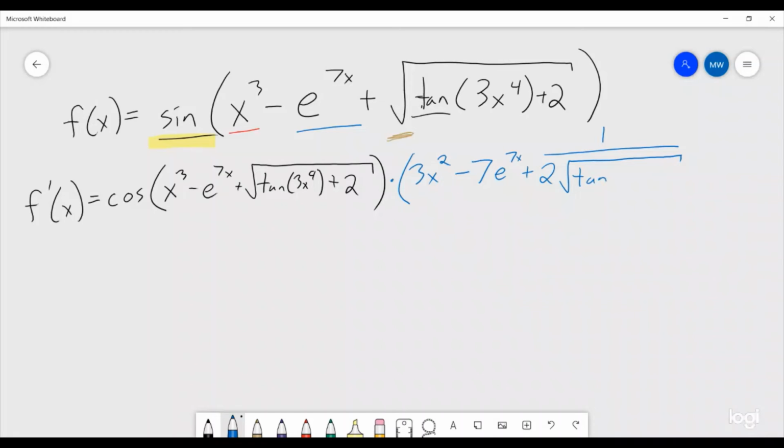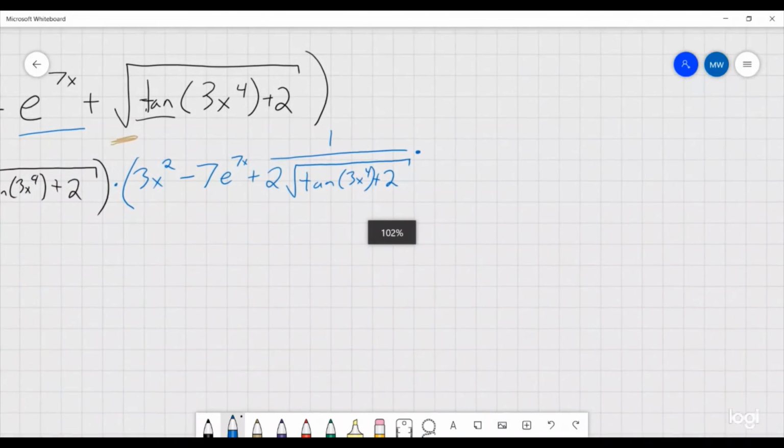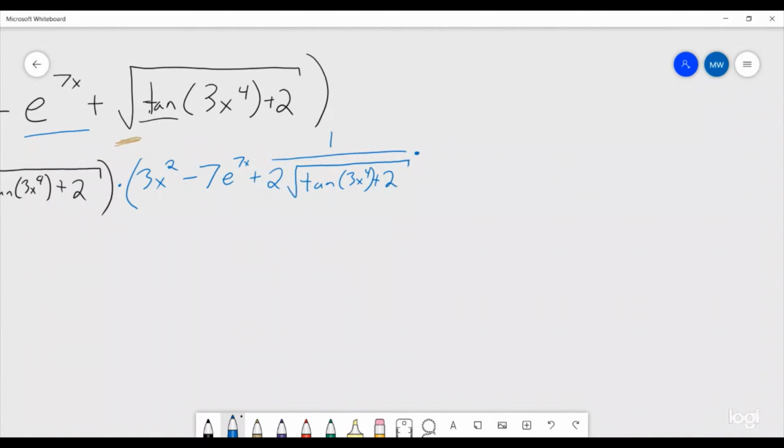So tangent of 3x to the 4th plus 2, multiplied by the derivative of what was inside the square root. So the derivative of tangent is secant squared of the inside, so 3x to the 4th, multiplied by the derivative of 3x to the 4th, that's a 12x cubed, and then derivative of 2 is 0, so that is all that we have there, and that has finished all of our nesting.